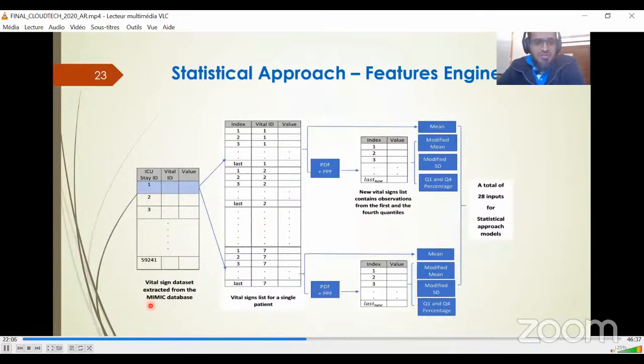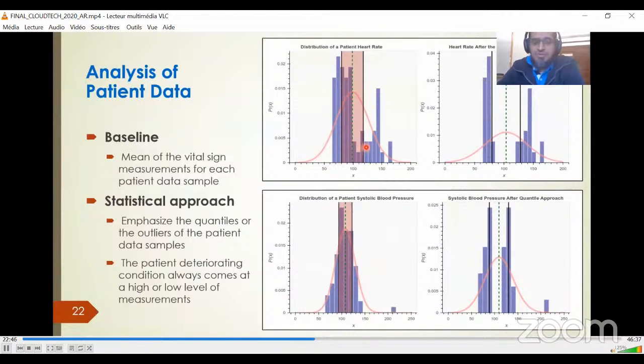These are the steps. This is the vital signs for the entire database from MIMIC, ordered by ICU stay. In each ICU stay, we see the vital sign list for the single patient, ordered by vital ID, starting with heart rate, systolic blood pressure, until the glucose level. For each vital sign, we calculate the CDF. We also calculate the percent point function, the inverse of the CDF, just to isolate the observations in the first and the fourth quantiles.